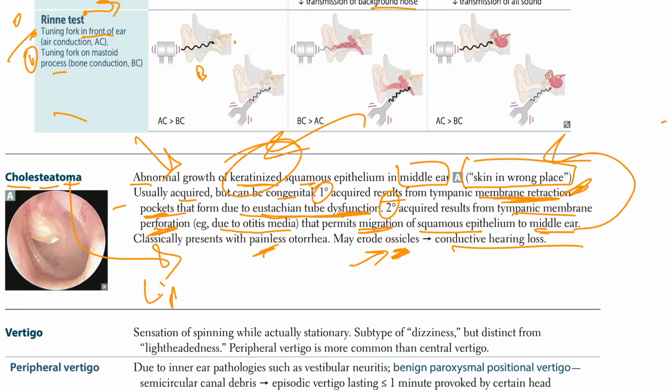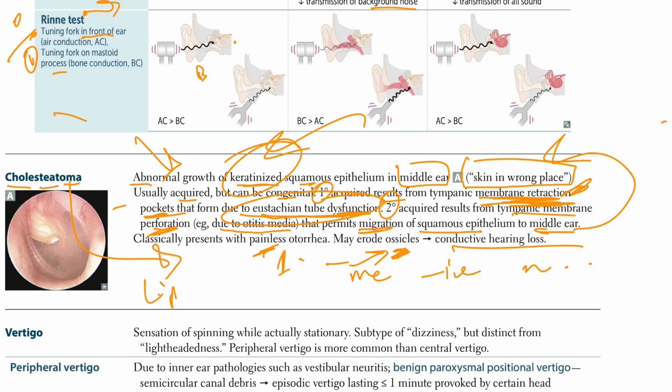Let's quickly talk about the acquired primary lesion, which is due to membrane retraction. That retraction is going to cause negative pressure to build up in the middle ear, and that is going to cause dysfunction of the eustachian tube.